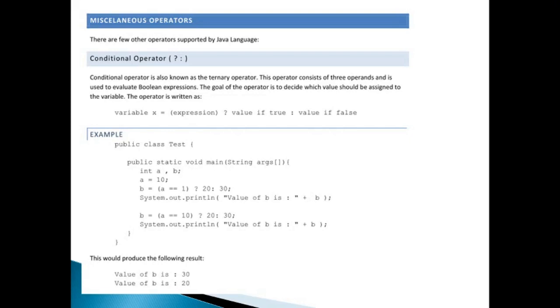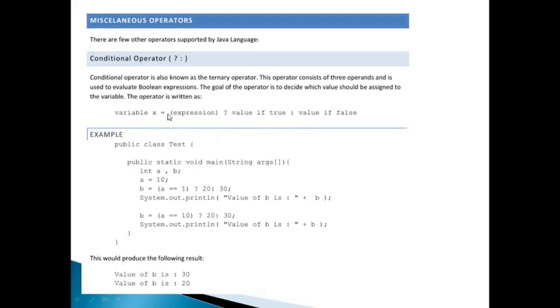The goal of the operator is to decide which value should be assigned to the variable. You should focus on the syntax and how it works: variable x is equal to an expression, where you can write a conditional expression. If it is true, then this will be executed, and if it is false, then this will be executed. There are three characters used: first an equal to, then a question mark, and then a colon.